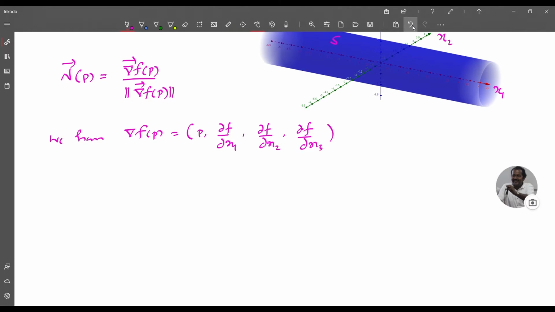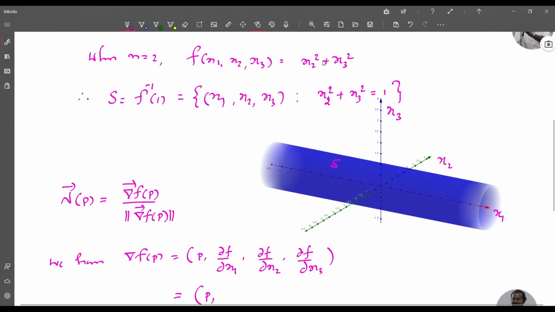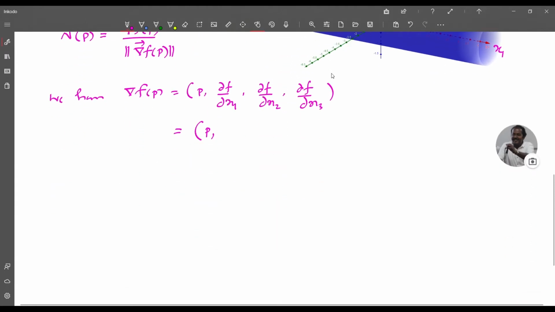You know that f is a function of x1, x2, x3, but it is x2 square plus x3 square. So dou f by dou x1 is 0, dou f by dou x2 is 2x2, and dou f by dou x3 is 2x3. So this is actually, at p, 2 times (0, x2, x3).